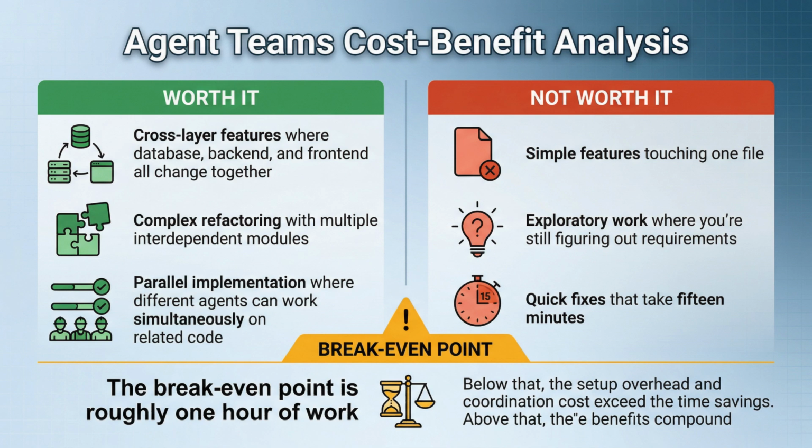Not worth it for simple features touching one file. Not worth it for exploratory work where you're still figuring out requirements. Not worth it for quick fixes that take 15 minutes. The break-even point is roughly 1 hour of work. Below that, the setup overhead and coordination cost exceed the time savings. Above that, the benefits compound.